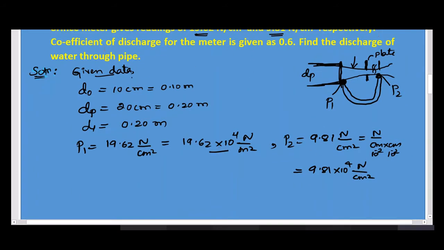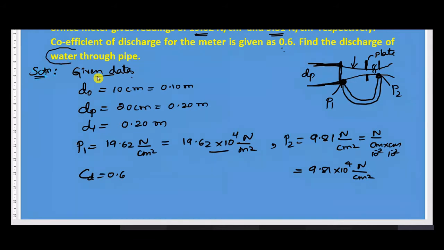The next point: coefficient of discharge for the meter, which meter is it? Orifice meter, is given as 0.6. What I discussed in the previous topic is that the value of CD for an orifice meter is 0.5 to 0.7. So here he has given 0.6. So CD is 0.6. Find the discharge of water.